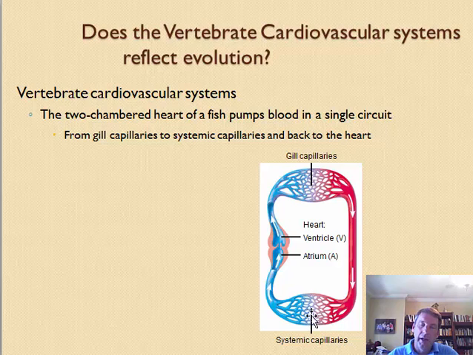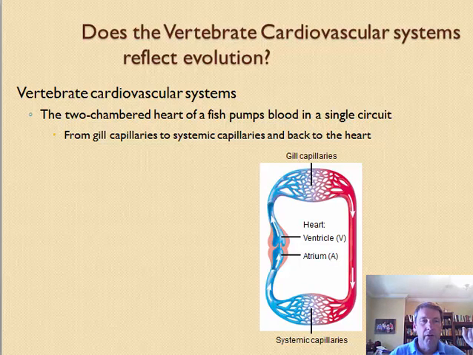The capillary bed dumps out this oxygen, and then it comes back to the heart. So we see this two-chambered heart in fish, a single circuit: one path that it leaves and comes back on.